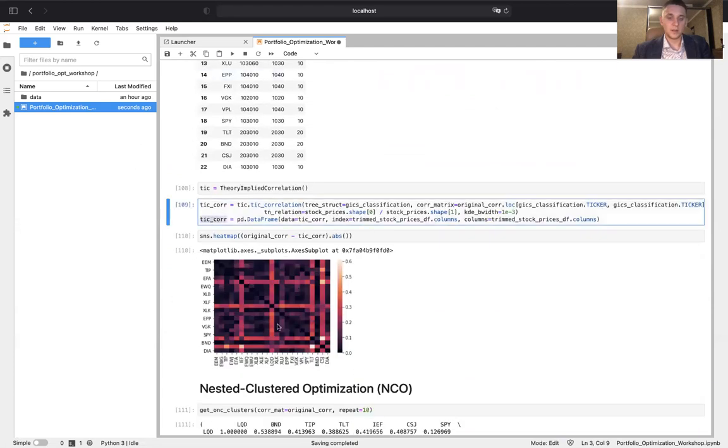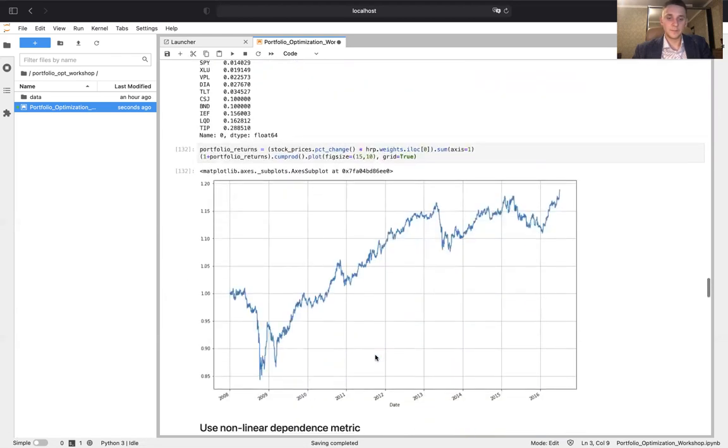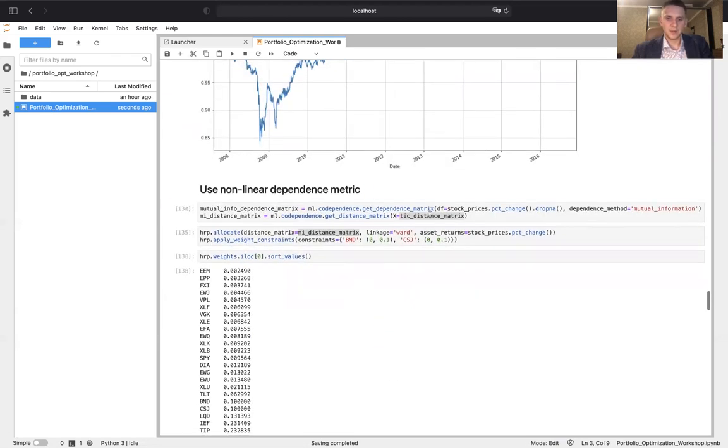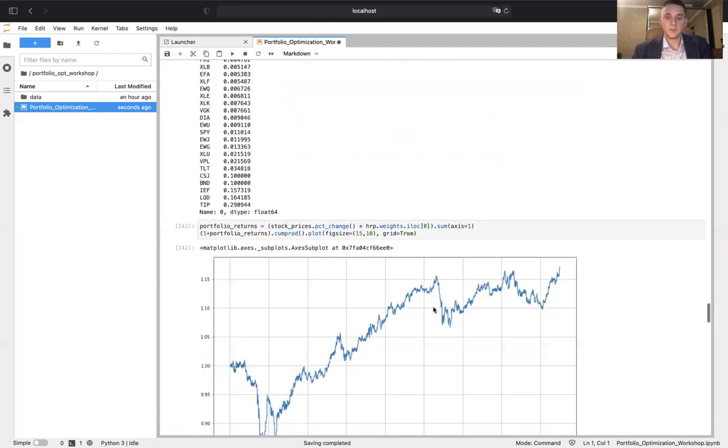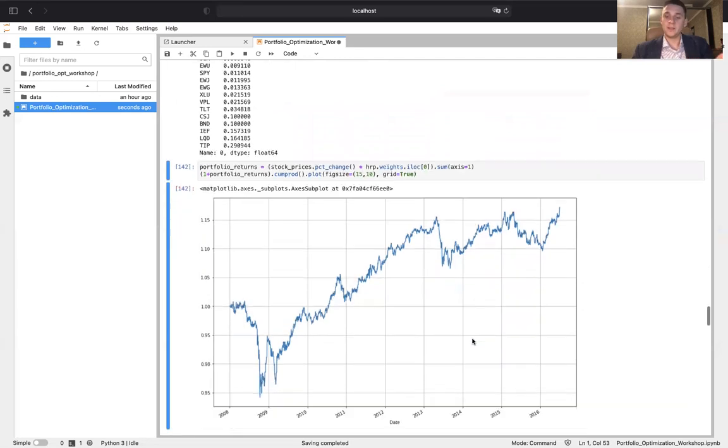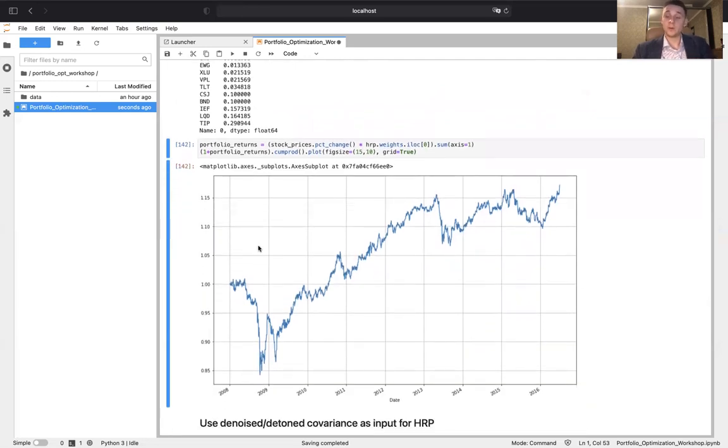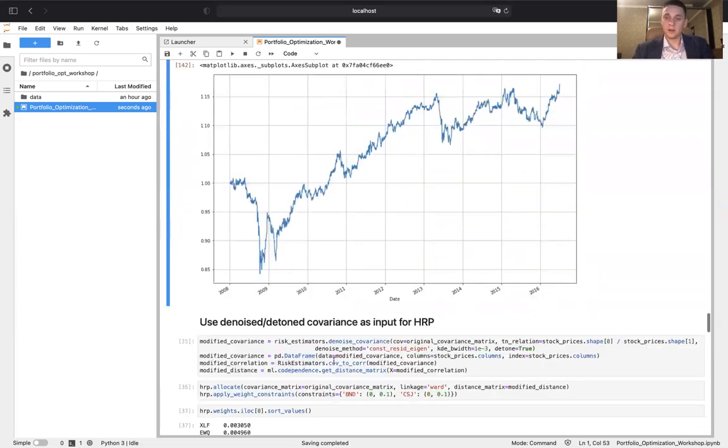Actually, we can use our zero implied correlation as input for the distance matrix. So we will convert our zero implied correlation into distance, and now use this distance as input to our HRP algorithm. Here we can see that the performance of our algorithm has still changed quite substantially.